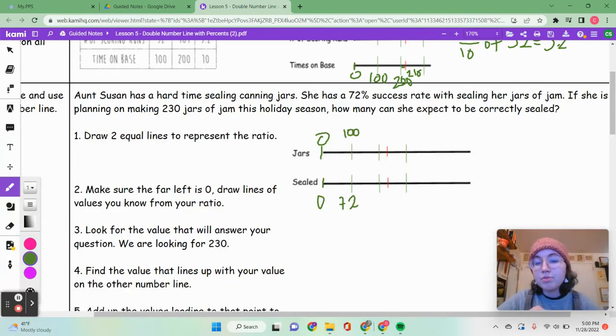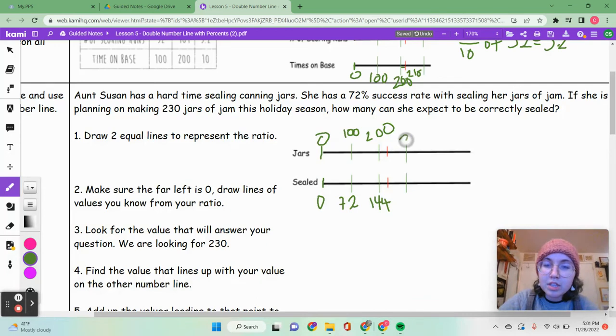So if Aunt Susan attempted 100 total jars, then 72% of them would be sealed. If Aunt Susan attempted 200 total jars, well, it's 72% of 200, that'd be 144.